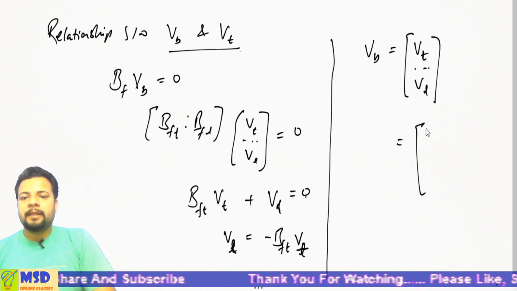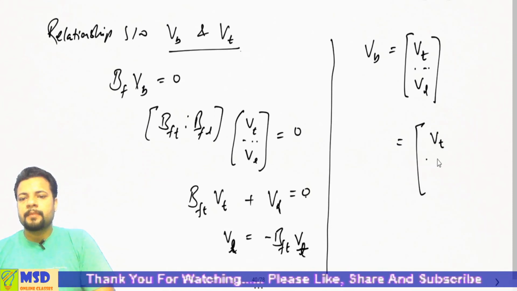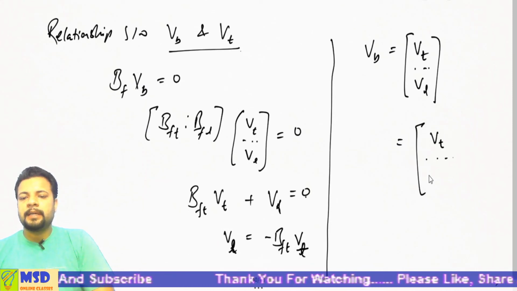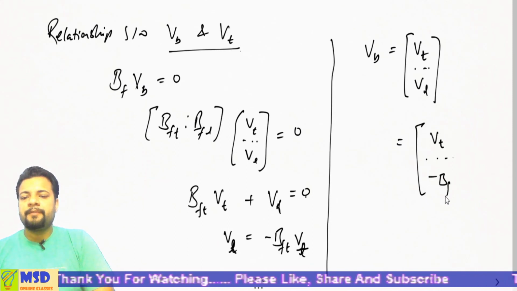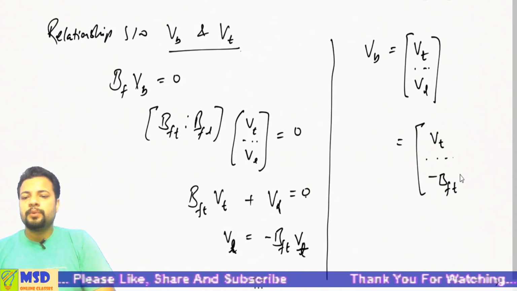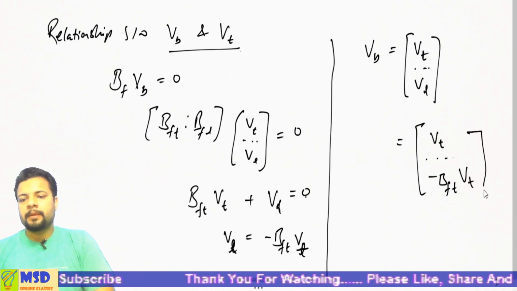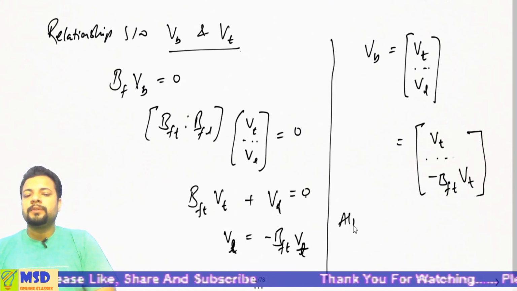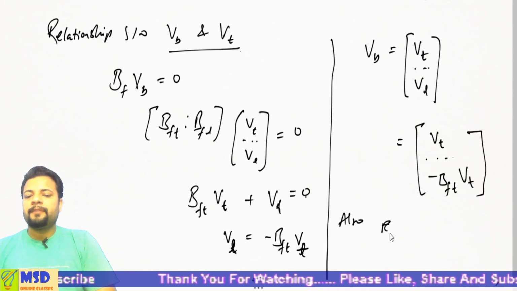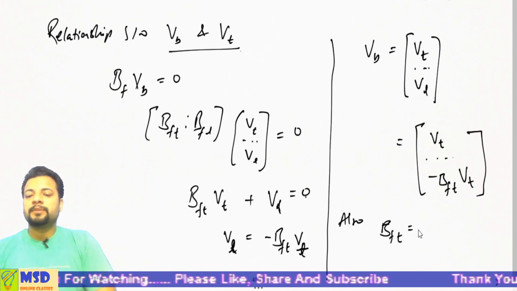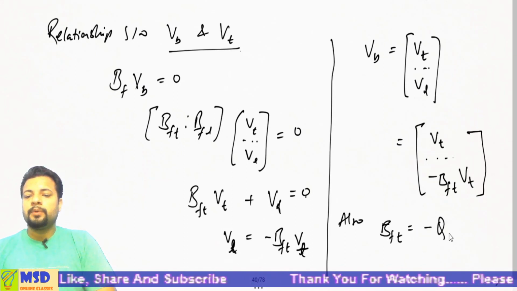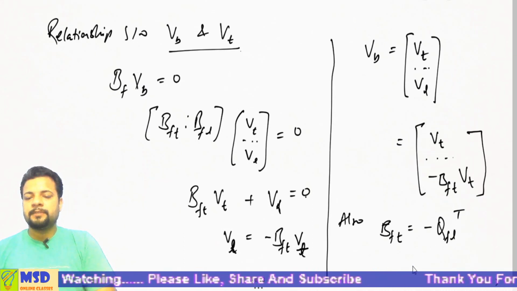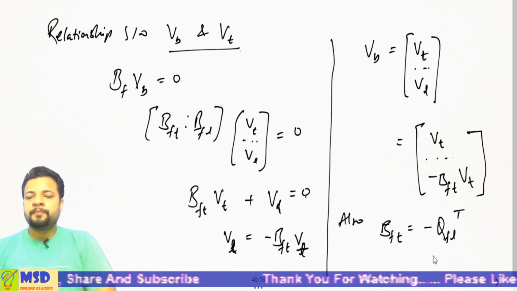So I can write VB as VT and, from this relation, BFT into VT with a minus sign. I hope I'm clear here. Also, we know that BFT is equal to minus QFL transpose. This is what we derived earlier.